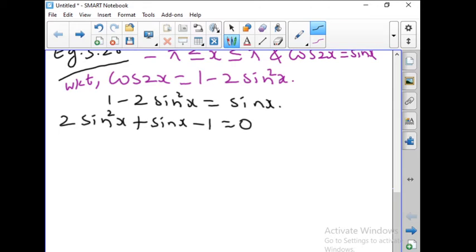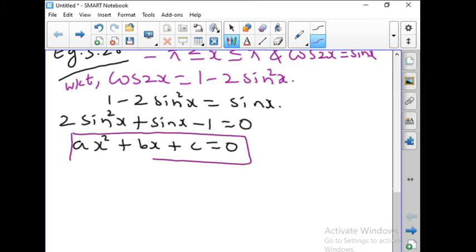This is of the form ax square plus bx plus c is equal to 0. So what is a here? a is equal to 2, b is equal to 1, c is equal to minus 1.